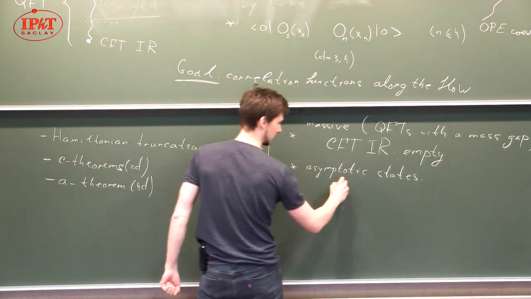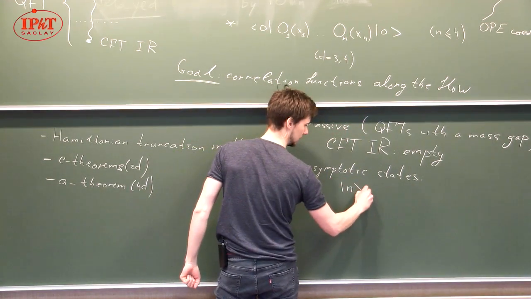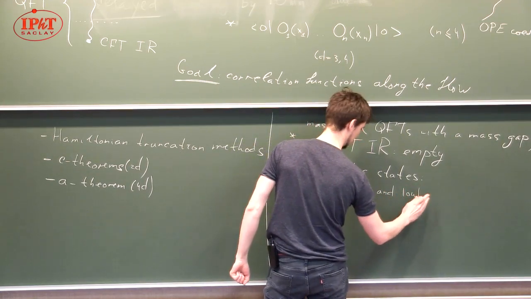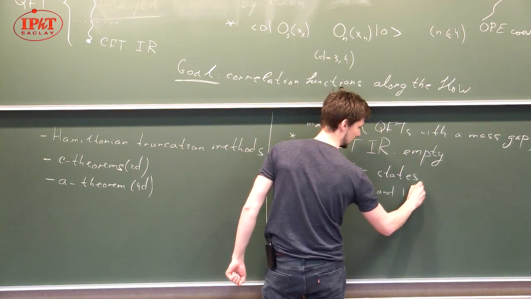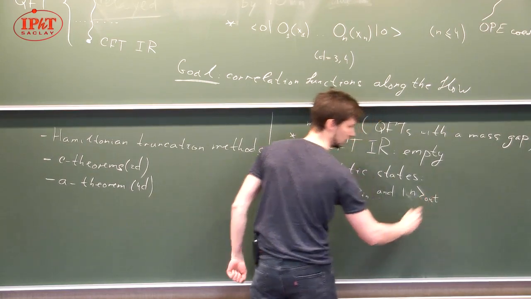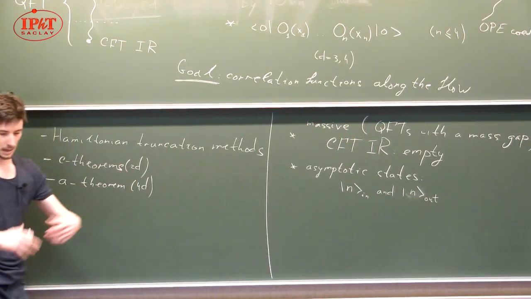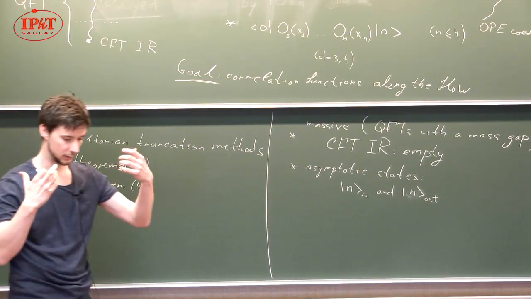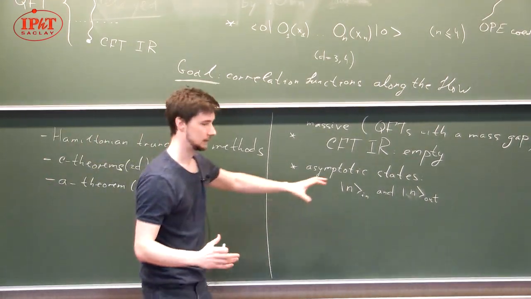So there are two types of asymptotic states, which are called in and out. An example, for instance, if I have some pure Yang-Mills theory, I can define some state.